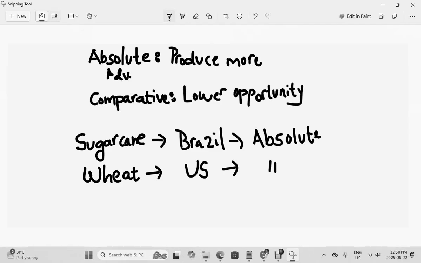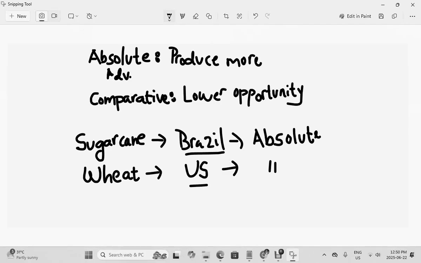Now, when it comes to comparative advantage, the opportunity cost of producing sugarcane in Brazil is less than producing sugarcane in the US. Why? Sugarcane requires a tropical climate, and where do we find that in the US?